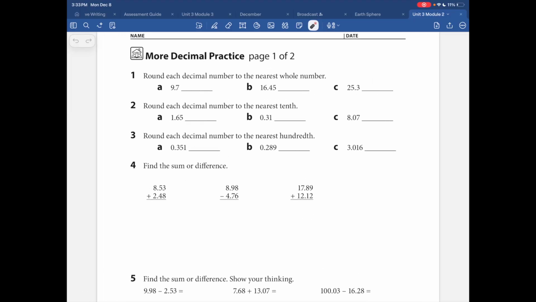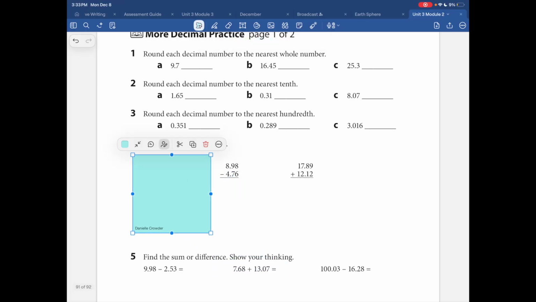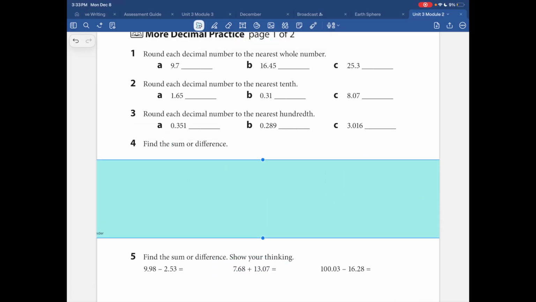All right, so we're going to start with some rounding. I'll do A for each one, just to show you how to round to the nearest whole number, the nearest tenth, and the nearest hundredth. You might want another sheet of paper if you cannot visualize a number line the best, and so just writing down those number lines may be helpful for you.